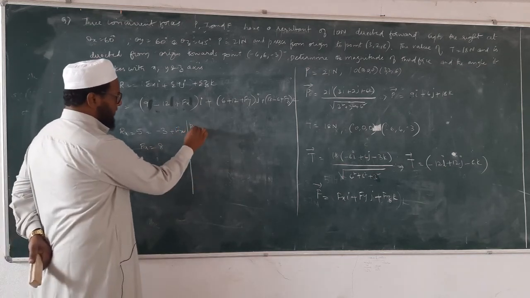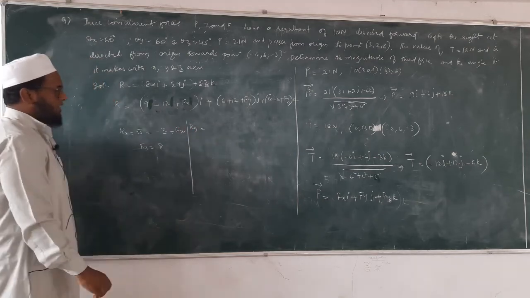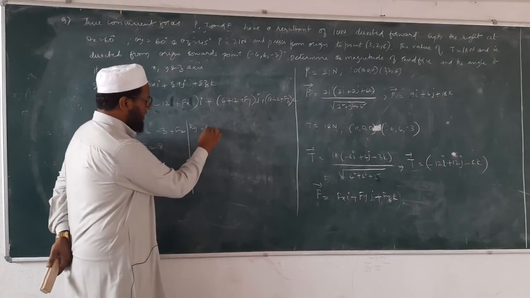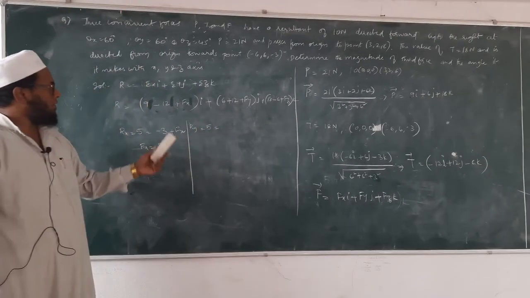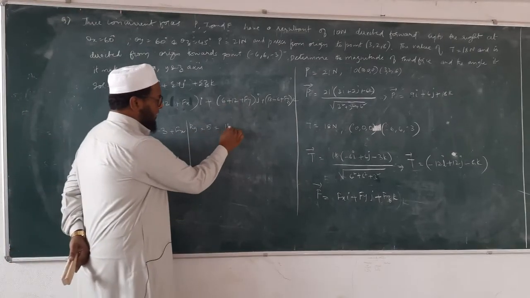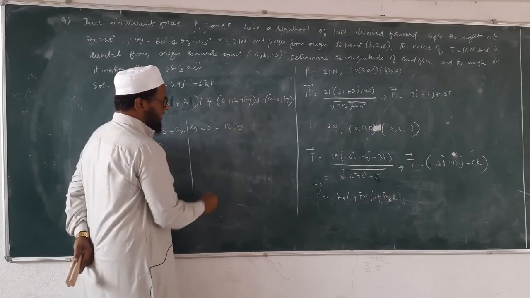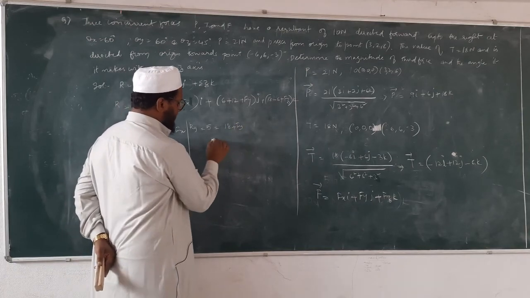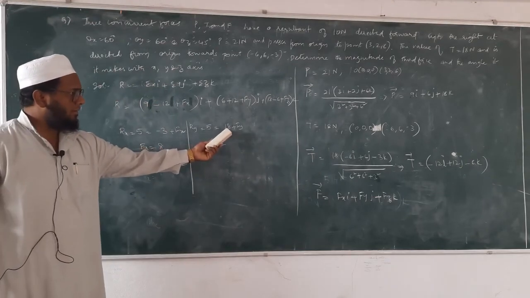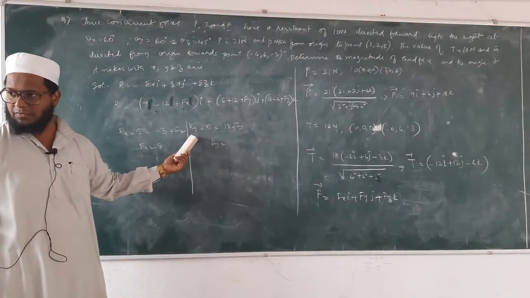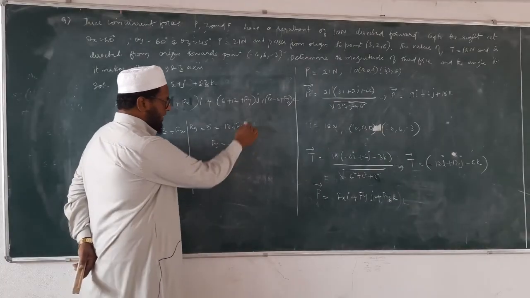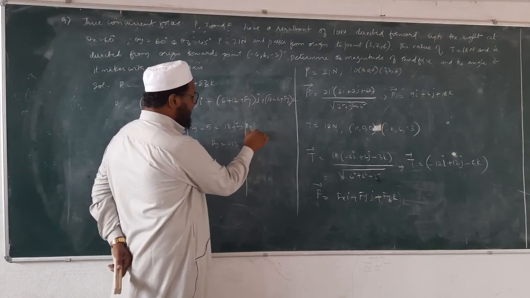Then Ry is equal to 5 is equal to 18 plus Fy. So Fy will be, 18 will go to the negative side, so minus 13.